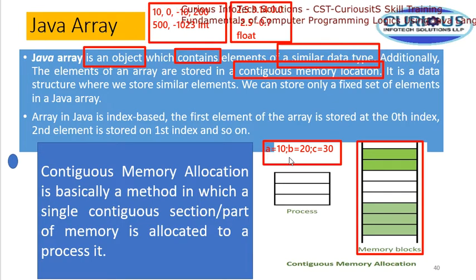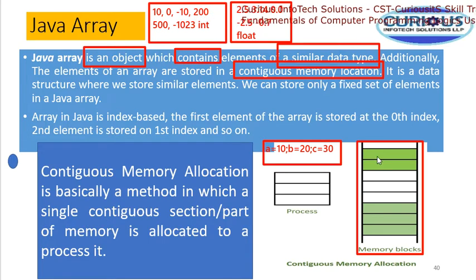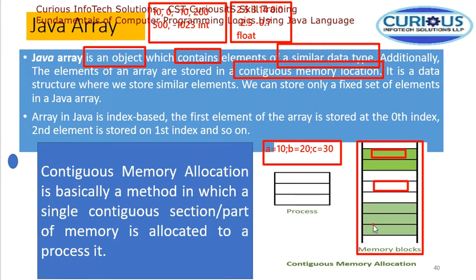Here we have freedom: we can select any location, this location, another location, and a third location.